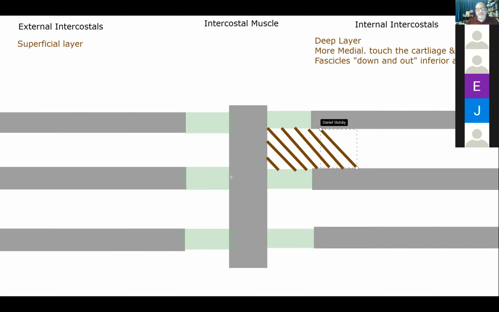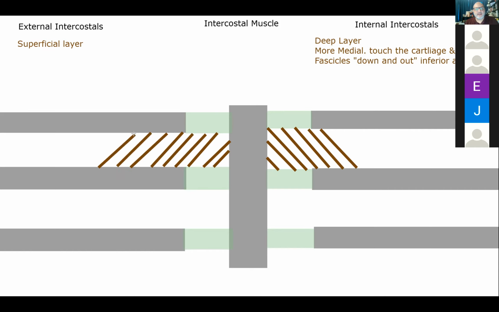Now notice the same thing happens on the other side as well. They're going to go down and out on the other side as well. So they are medial, they are deep, and their fascicles project down and out.